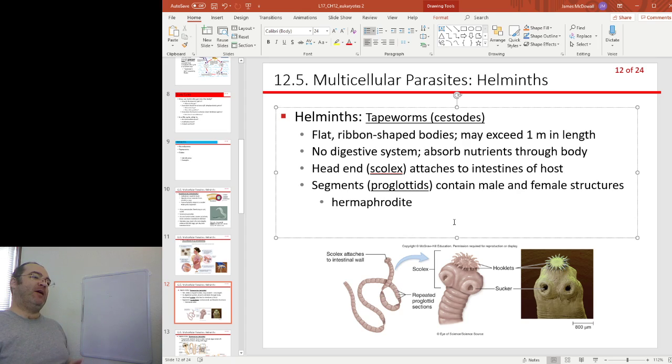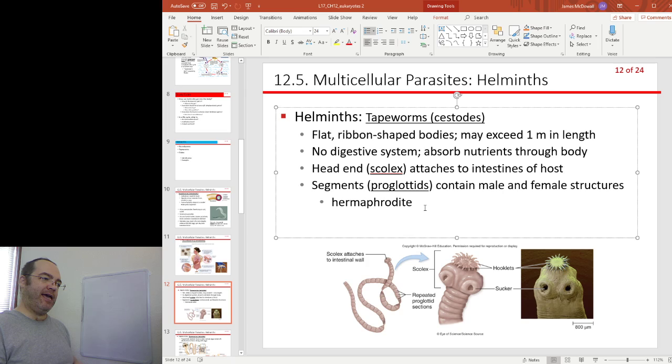So we can recognize a tapeworm through its body structure, this flat, ribbon-shaped body. No digestive system, simply lies there absorbing nutrients. Head end for attachment. The long segmented body, each segment a proglottid.